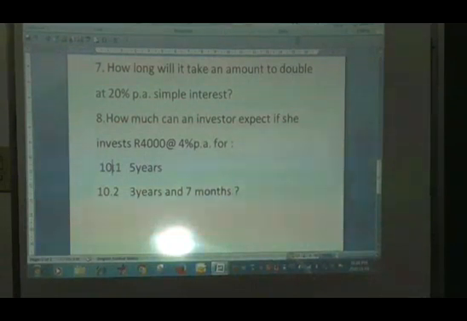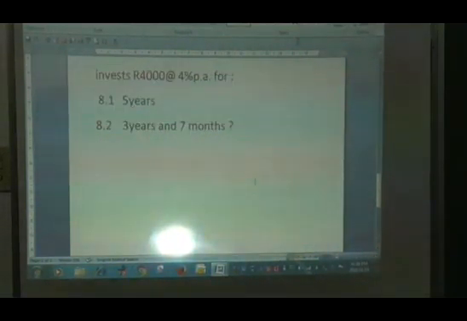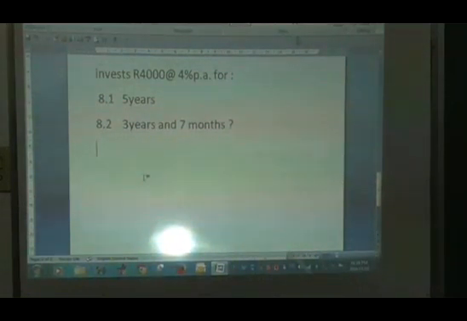Sorry, this is supposed to be 8.1. This is supposed to be 8.2. So we'll repeat number 8. How much can an investor expect if she invests 4,000 at 4% per annum for 8.1, 5 years, 8.2, 3 years and 7 months?